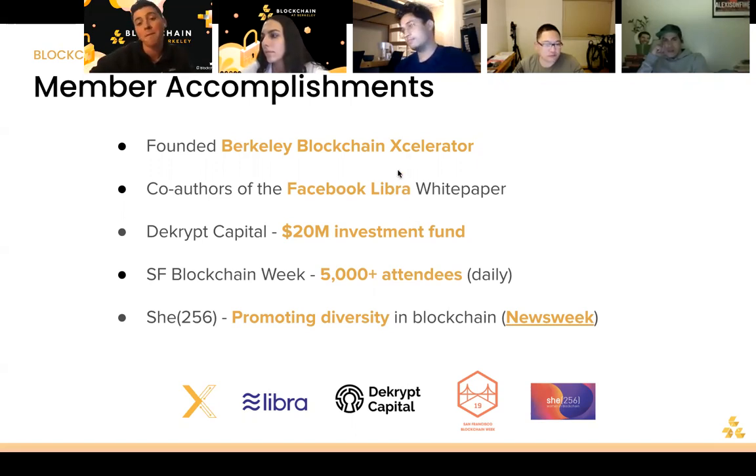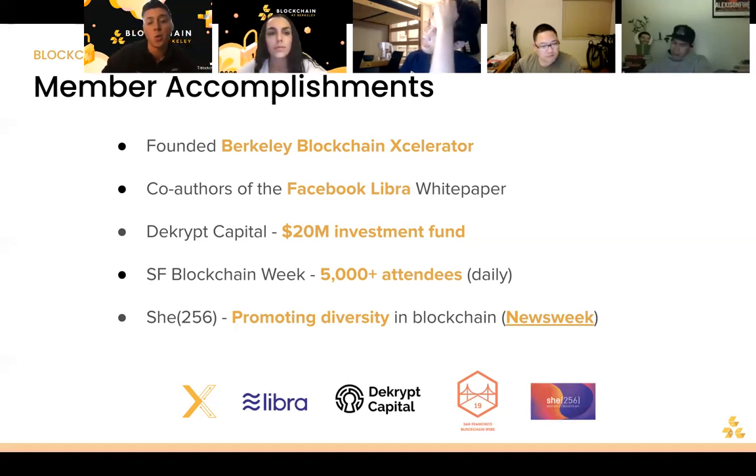And then I'm not sure if anyone's heard about Facebook Libra, but it is like the token of Facebook. Some of our members co-wrote the Facebook Libra white paper, which is really incredible. And then Decrypt Capital, an SF venture fund, raised $20 million for this investment fund.